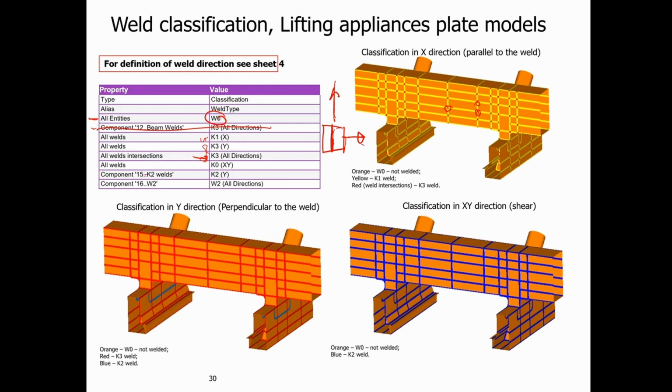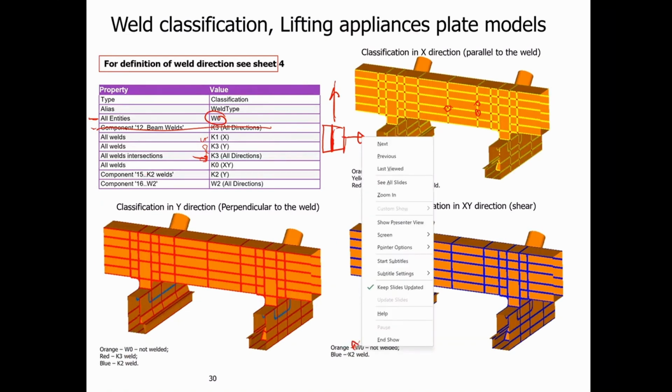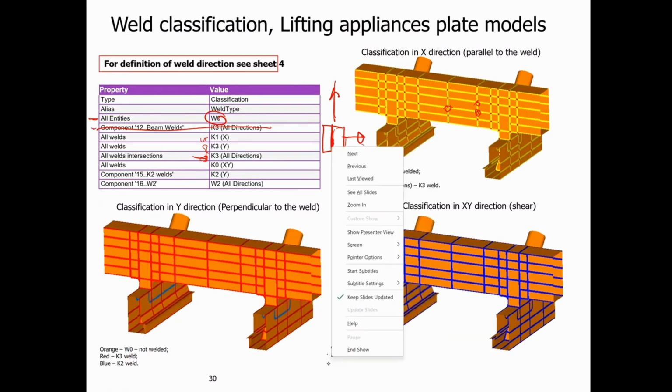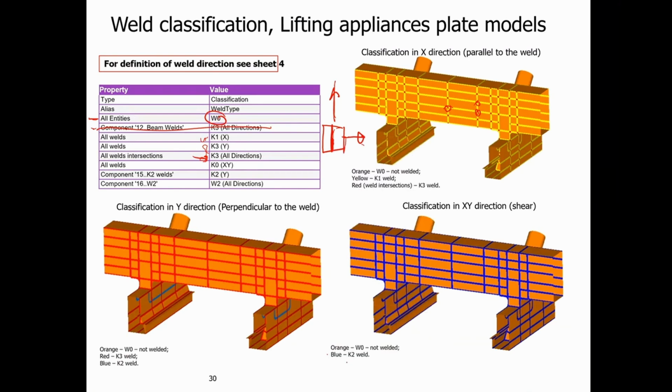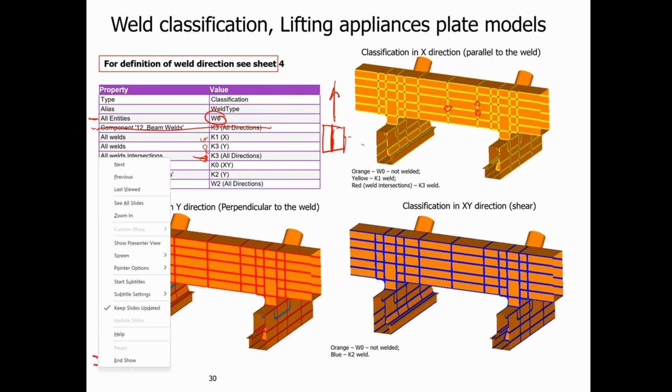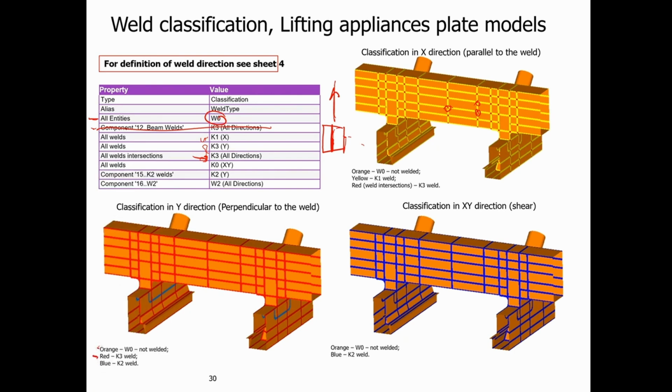And this is the resulting plot you see. If you check a weld classification, you need to check that for every direction of your weld. For shear, it is either not welded, so that's a W0, or welded, which is then K0. For the stresses along the weld, let's first do this one. Perpendicular to the weld, I have red standard quality, blue is K2, a better quality, and not welded is orange.